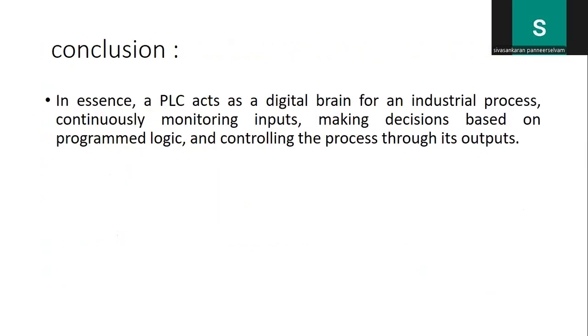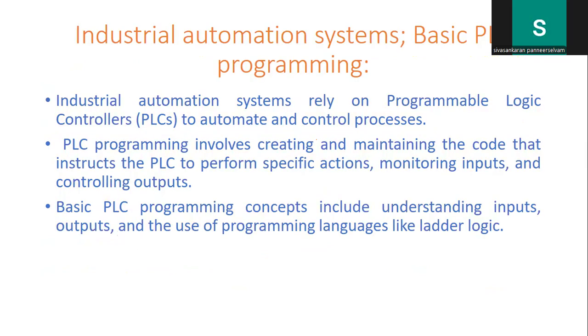So in essence, the PLC is the digital brain of an industrial robot, which continuously monitors the input, making necessary decisions based on the program logic and controlling the process through the output. Industrial automation systems basically rely upon programmable logic controllers.